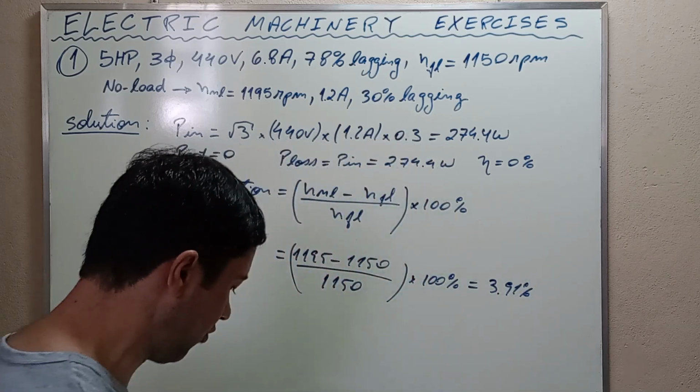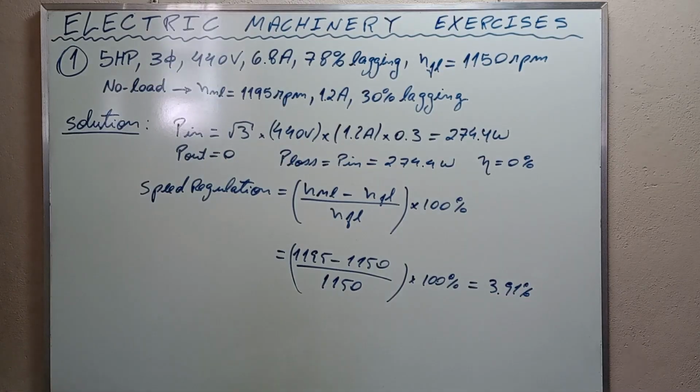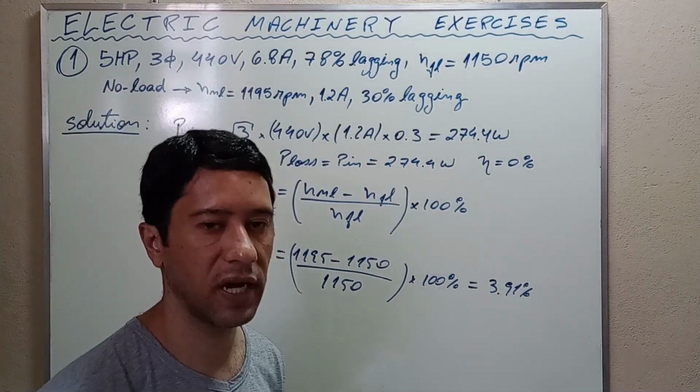And this is the last result. The speed regulation of this machine is 3.91%. Alright, my friends, this is all for exercise 1.